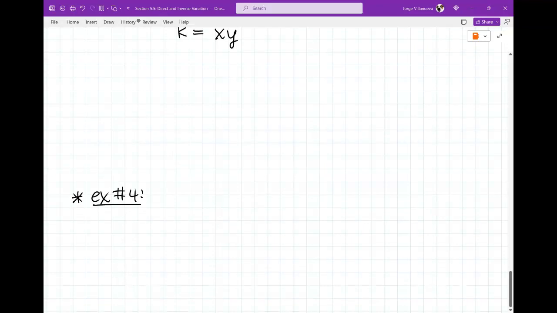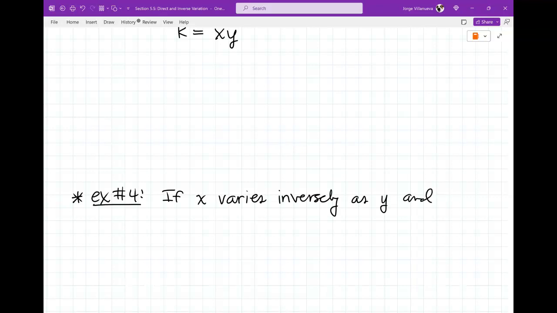So if x varies inversely as y and x equals 12 when y equals 8, find y when x equals 5.